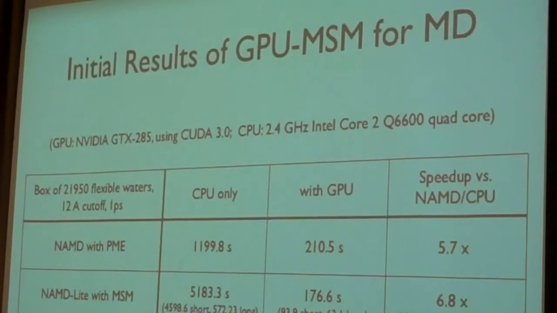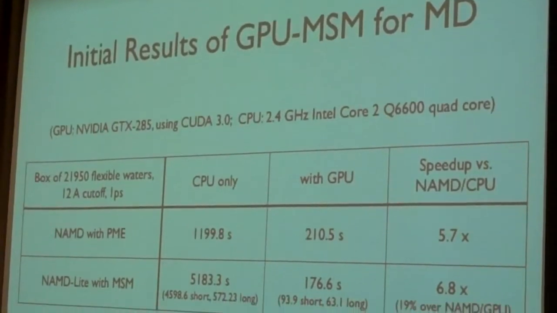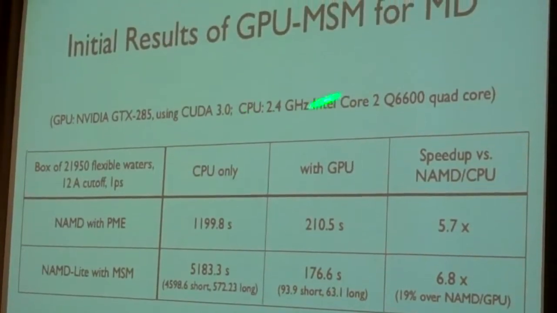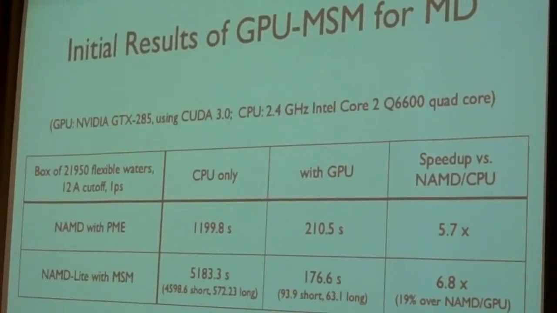Okay, so these developments for the GPU version of the multi-level summation method for molecular dynamics are quite new, and so I have just a very small set of initial results to show you.